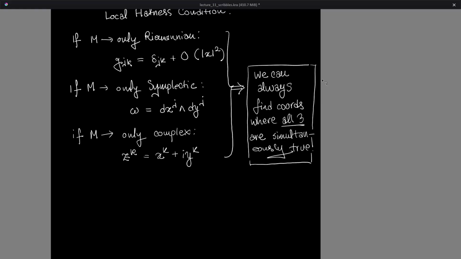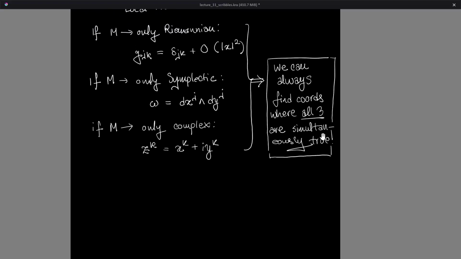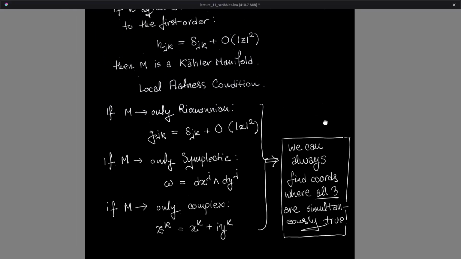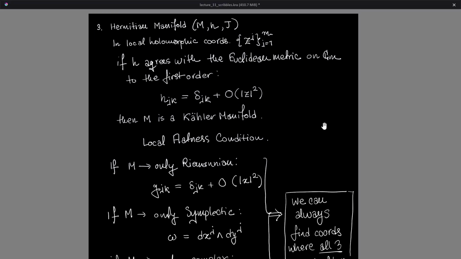We can always find holomorphic coordinates where the metric is flat to the first order, and the symplectic form is this simple wedge of all of the coordinate covectors, or coordinate one forms. So this is a very powerful statement, and it's only ensured on a Kähler manifold.